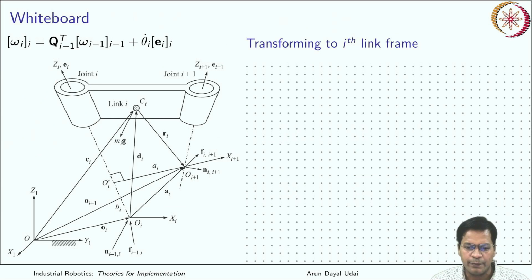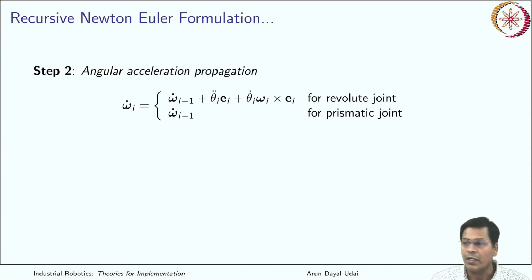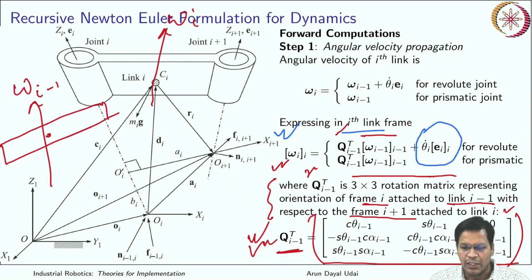Now let us move ahead. So this is what you have seen. Now, how does angular acceleration propagate? This is a recursive relation, you see. If you know omega I minus 1, because velocities are done by forward computations, acceleration and velocity, you have expressed the next one with respect to this one.